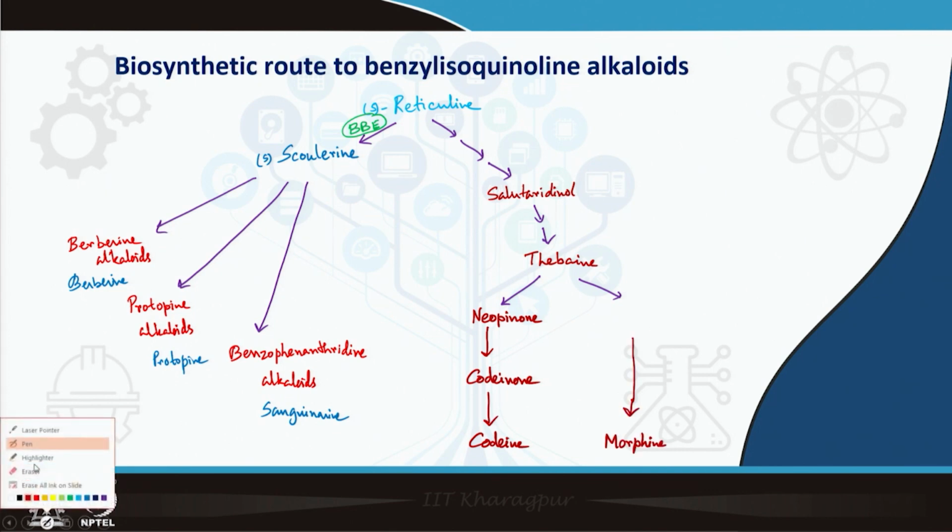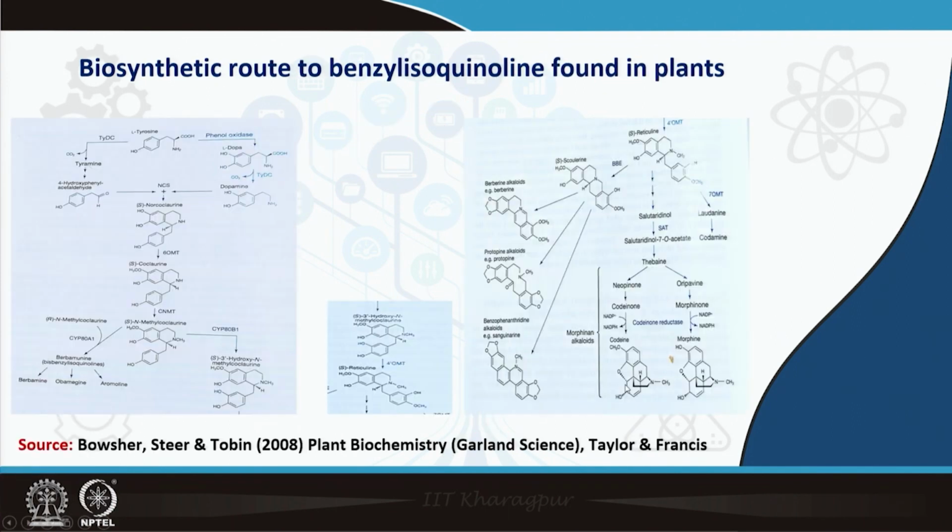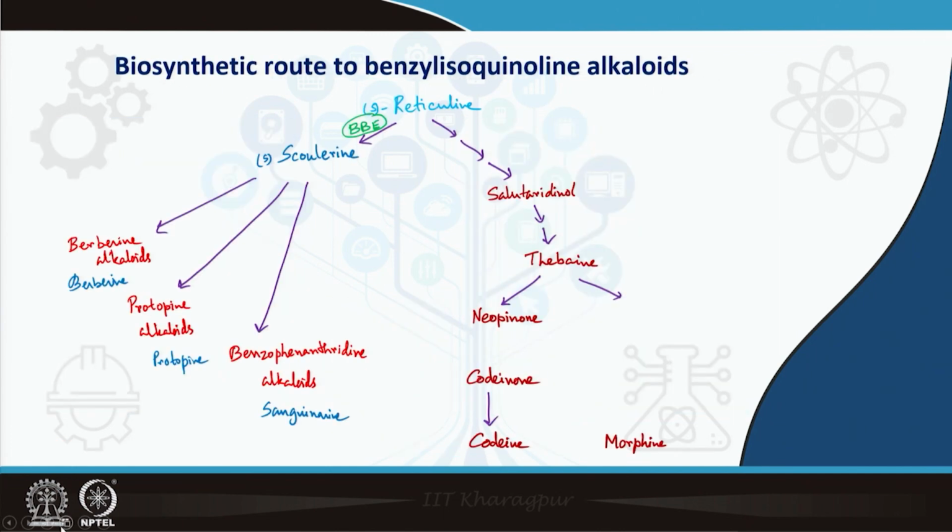whereas the other route from thebaine, it makes oripavine, and from oripavine it makes morphinone.